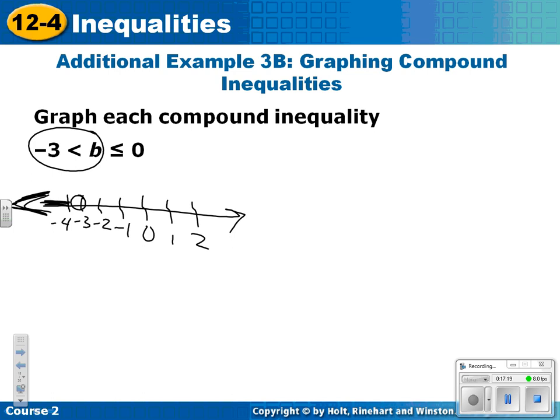The alligator eats more than -3 because the alligator always eats more. Every single one that you guys have done so far has always had the letter on the left side. This actually reads B is greater than -3. Do you see that?